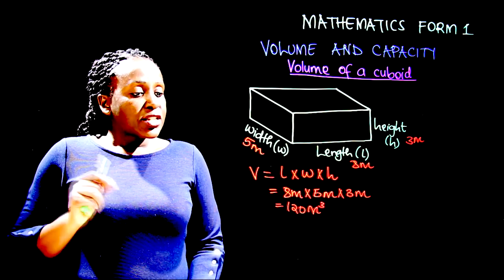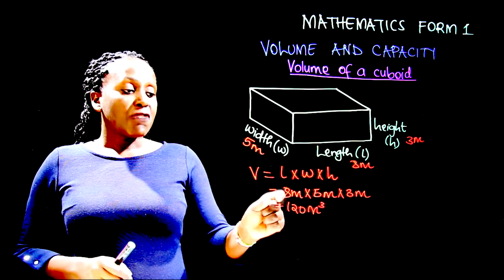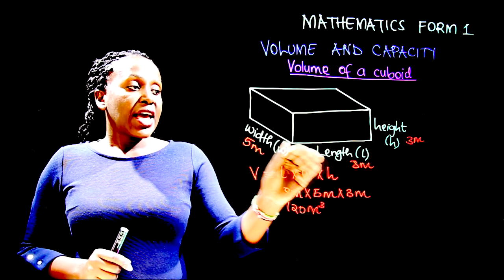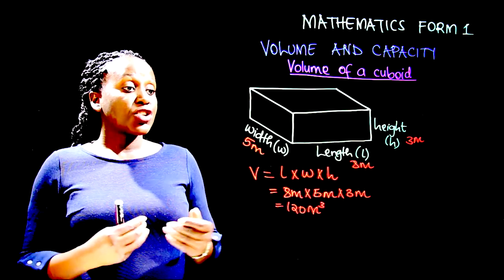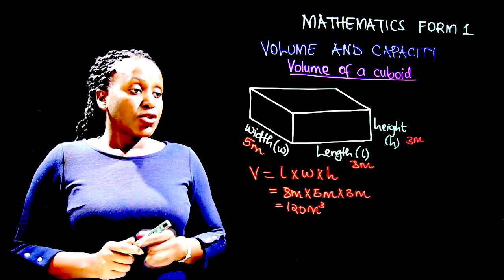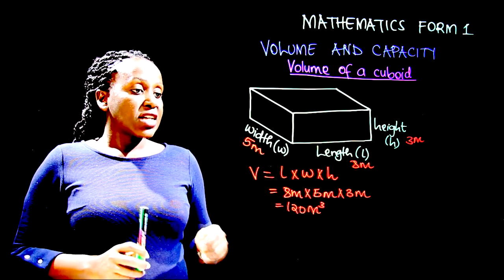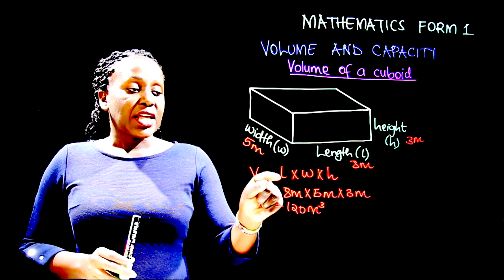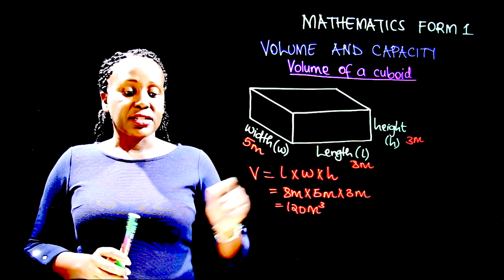Now, what if you have been given the volume and maybe the length and the height, and you need to calculate the width? How would you approach that? We're going to come up with different formulas that you can use to calculate the length, width, and the height.